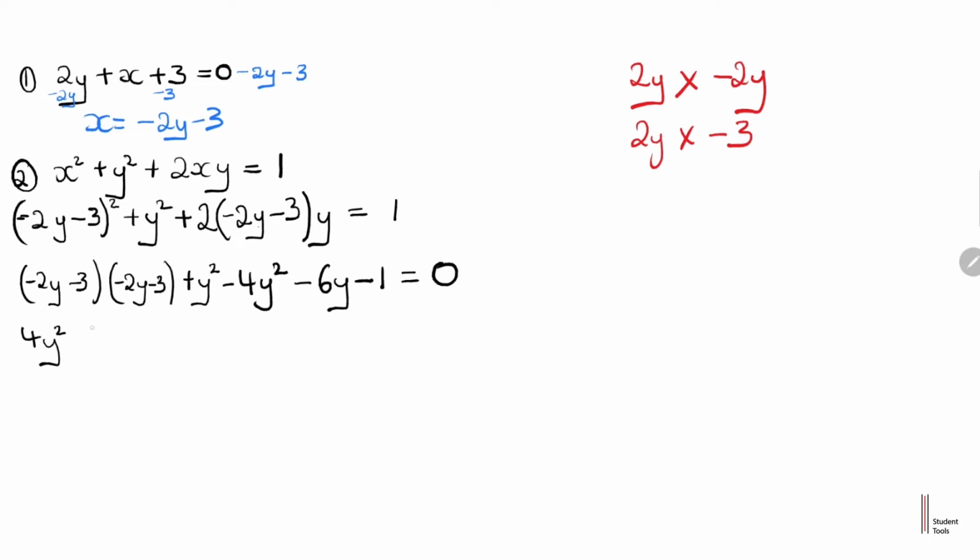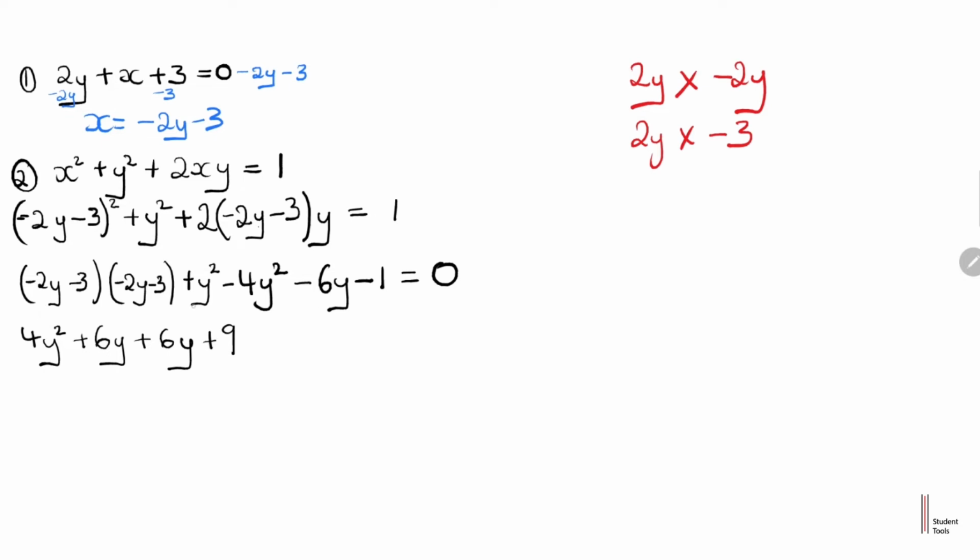That's going to be a positive 6y. Now we have minus 3 multiplied by a minus 2y. That is again a positive 6y. And then we have minus 3 multiplied by a minus 3. That is a positive 9.